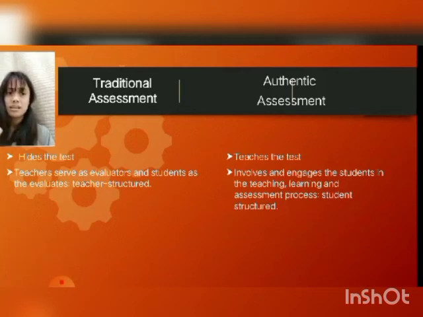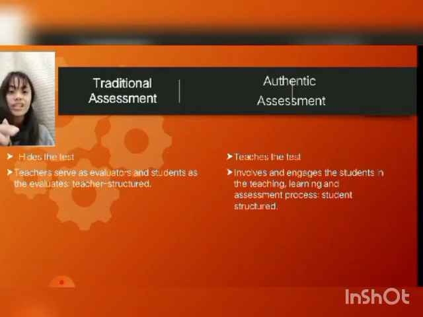While authentic assessment involves and engages the students in the teaching, learning, and assessment process. In this area, it is student structured. It allows the students choice and construction in determining what is presented as evidence of proficiency. So they can engage in learning.